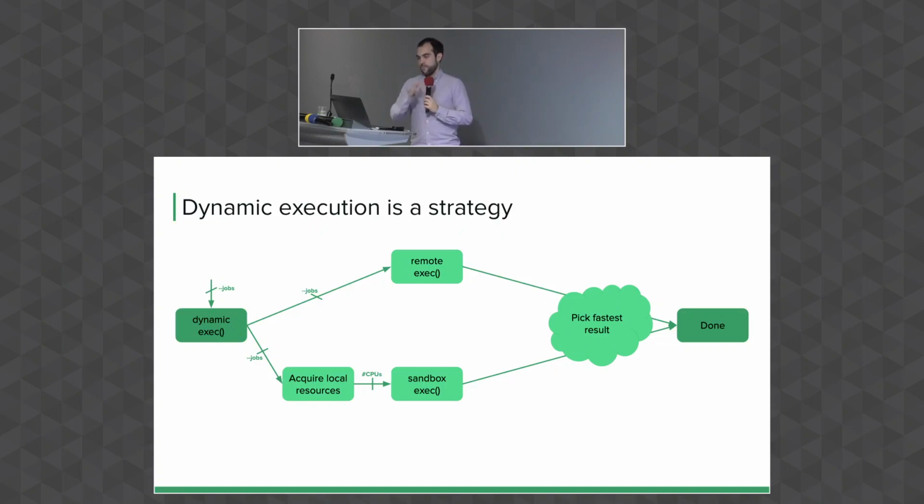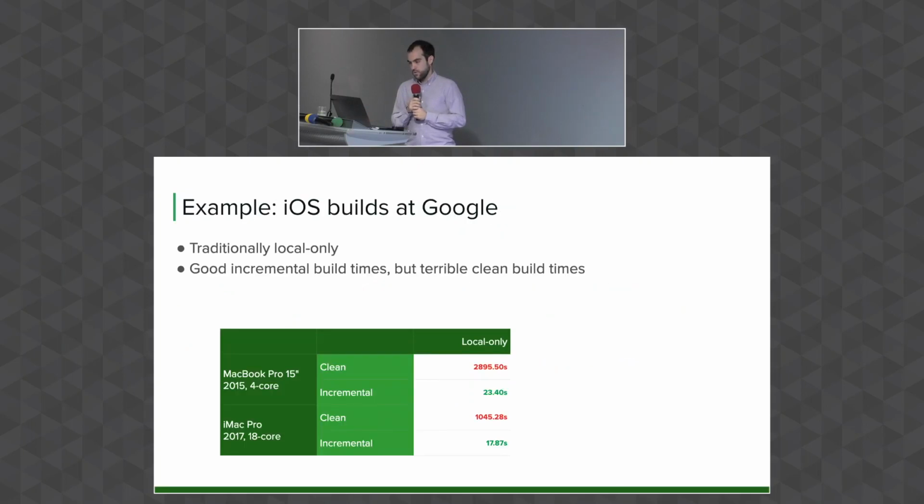Okay, so conceptually, that's pretty much everything there is to know. How does this work in practice? For that example, I'll focus on the use case we've been working on, which is essentially iOS builds at Google. And those have traditionally been local only. For a long time, they didn't have access to remote execution for various reasons.